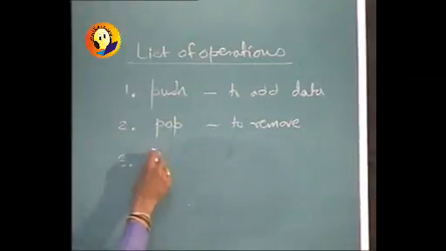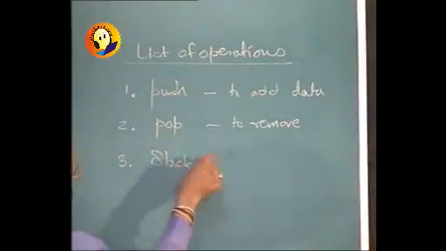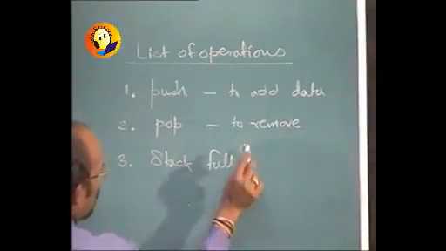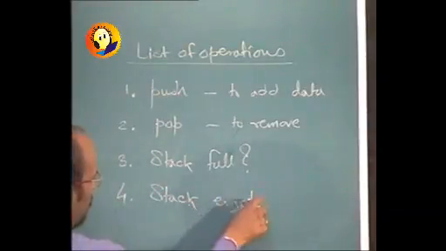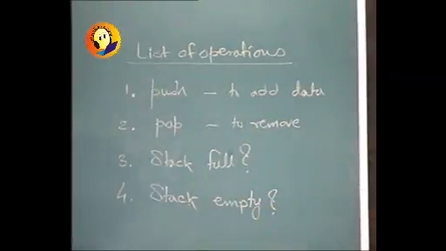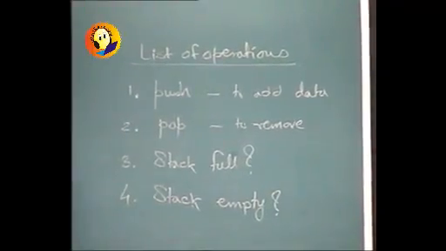Third one is stack full. It's a question to be answered as yes or no. And the fourth one, stack empty. So we can perform two operations and ask two questions. And this as a whole will be implemented by some other program where the actual processing is done.